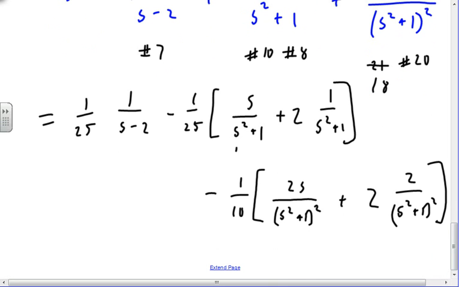Now I'm going to take the inverse Laplace transform of everything I see.